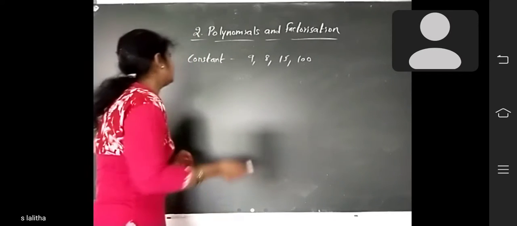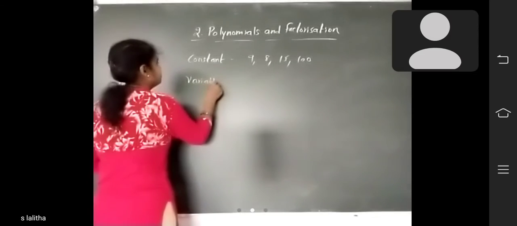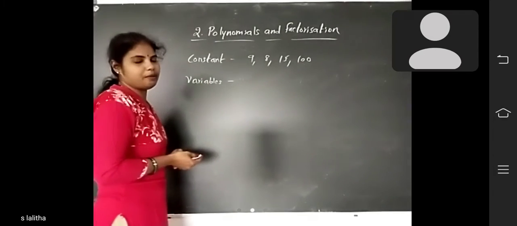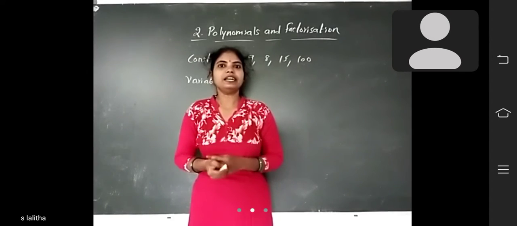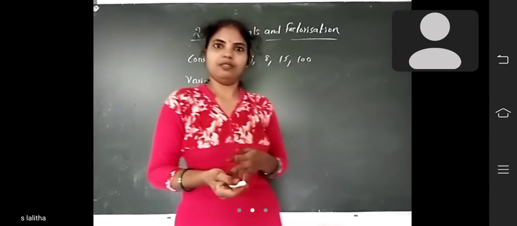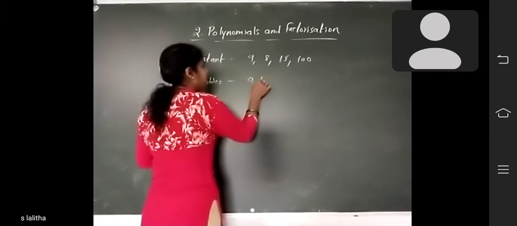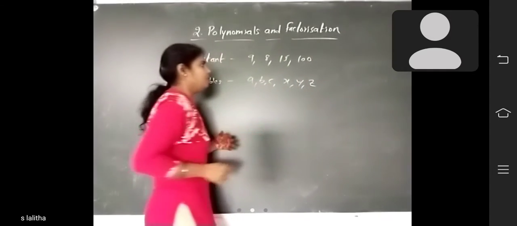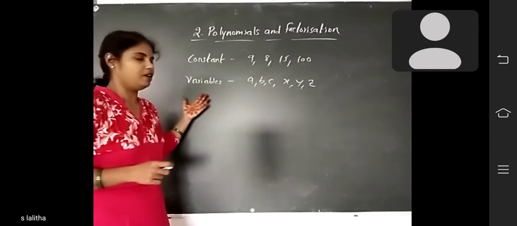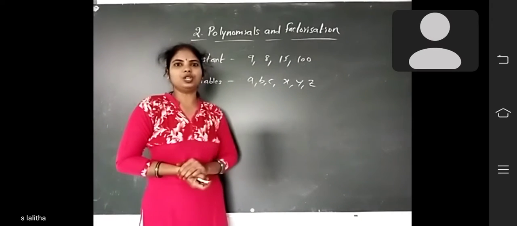Okay. Next, variables. What are called variables, children? It is represented as a symbol or letter. What are the letters? A, B, C, X, Y, Z, like that. Variables means letters. Does it have a fixed value, children?